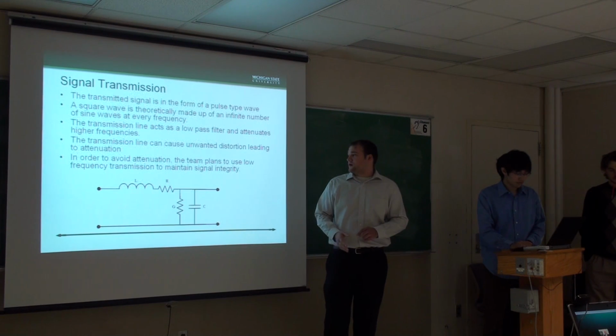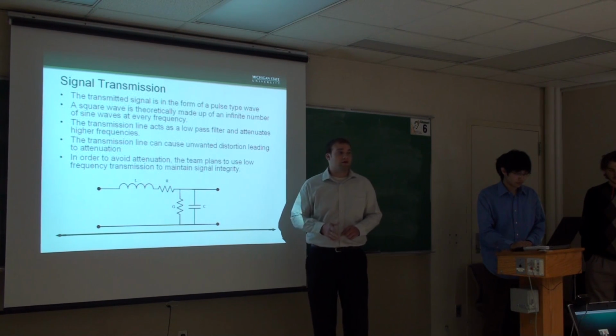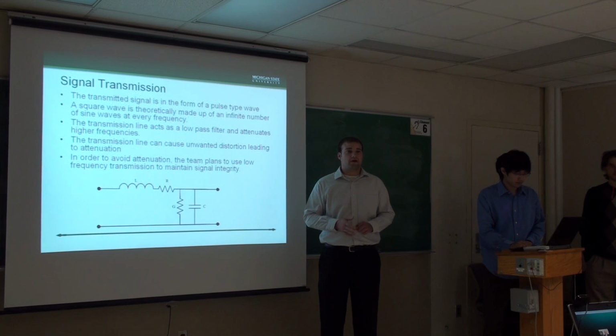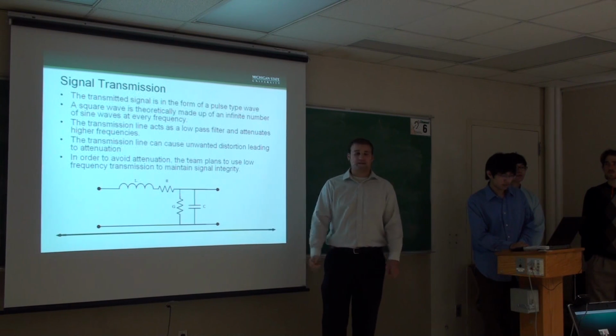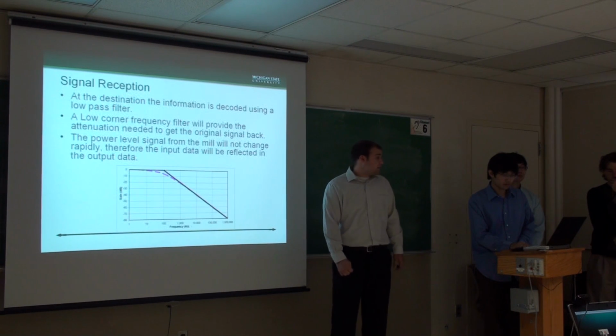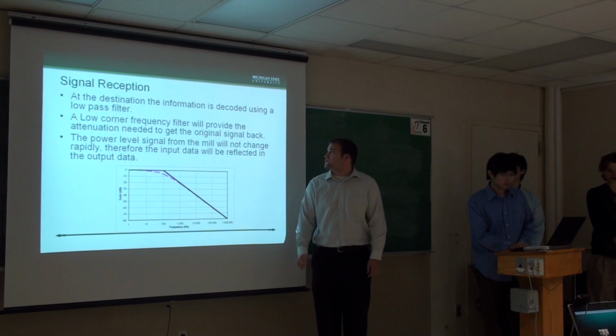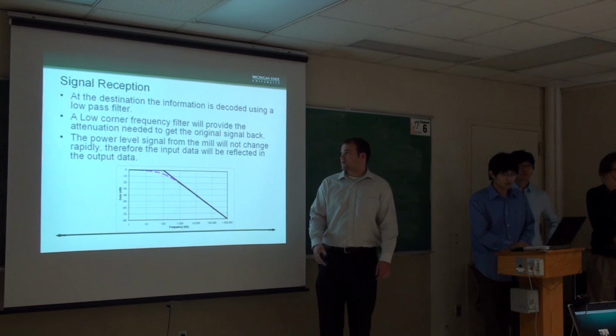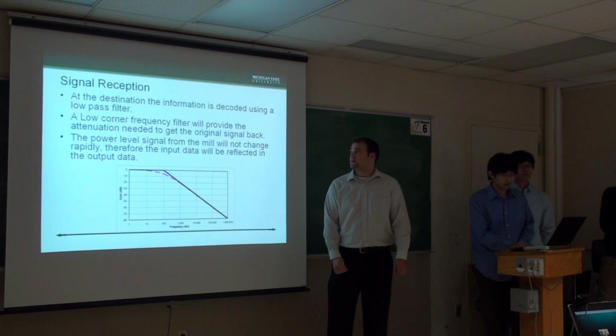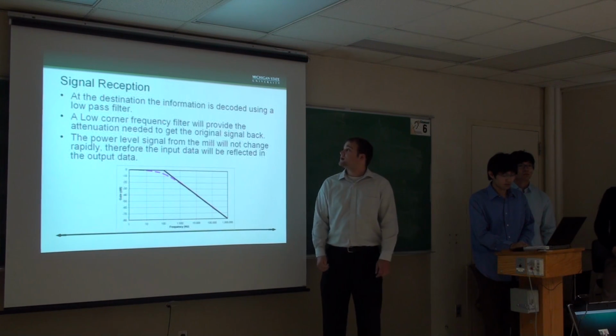So if the corner frequency of the transmission line is too low, then our signal will become distorted, and it'll lead to a lot of attenuation of the signal. So we plan to use a very low frequency transmission. We're talking about 1 kilohertz as a good transmission frequency.